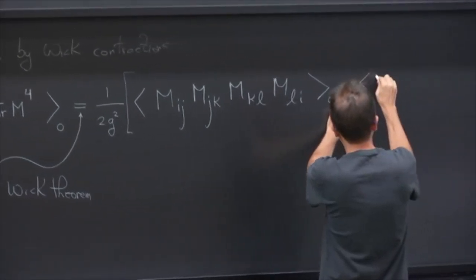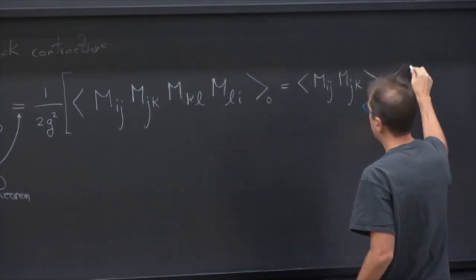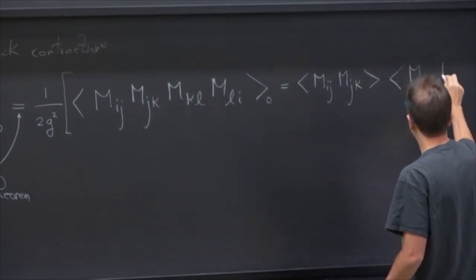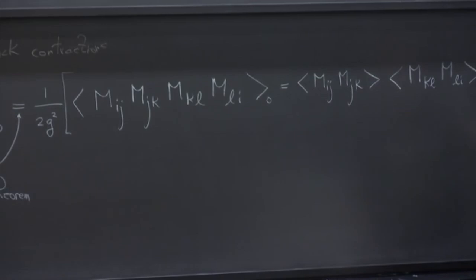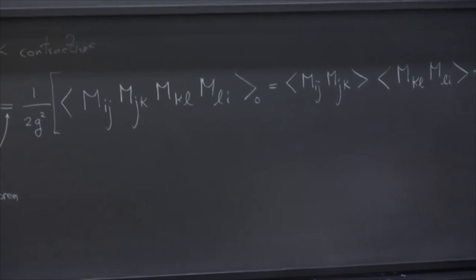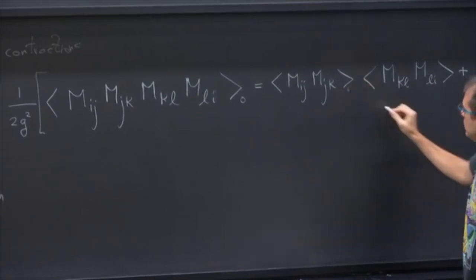The first one is mij, mjk, followed by mkl, mli, plus the next one would be, the first marries with the third one, mij, mkl, then the other 2 that are free, mjk, mli, and the last one, the first one mij with the last one mli, and then second and third, mjk, mkl. All these expectation values with 0, of course.